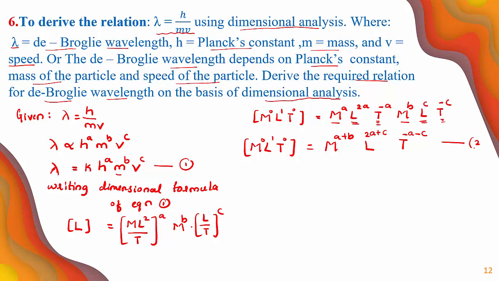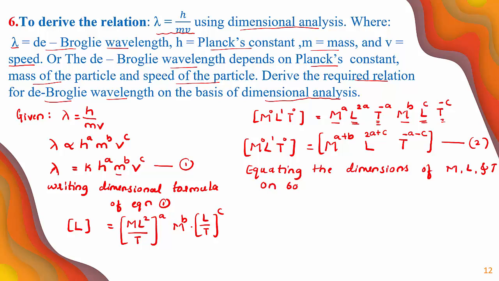So this is equation number 2. Then the next step is equating the dimensions of M, L and T on both sides of equation 2.